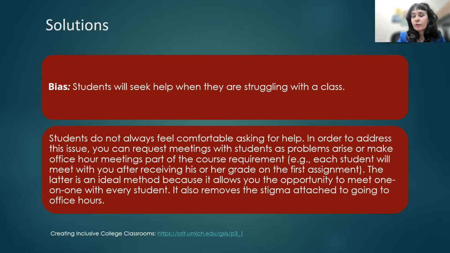For example, after the first assignment in the beginning of the term, you can ask students to meet with you, could be office hours. And if you teach large classes, it could be small groups, or one-on-one with each student if you teach smaller classes.